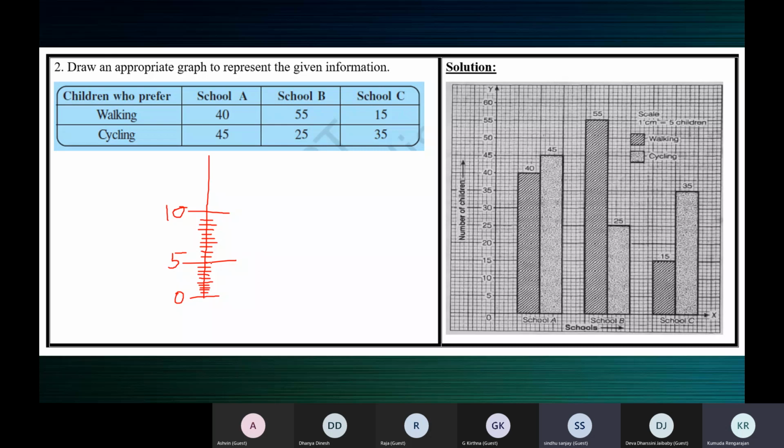Okay, so it will be 5, 5.1, 5.2, 5.3, 5.4, 5.5, 5.6, 5.7, 5.8, 5.9. After 5.9 is what?